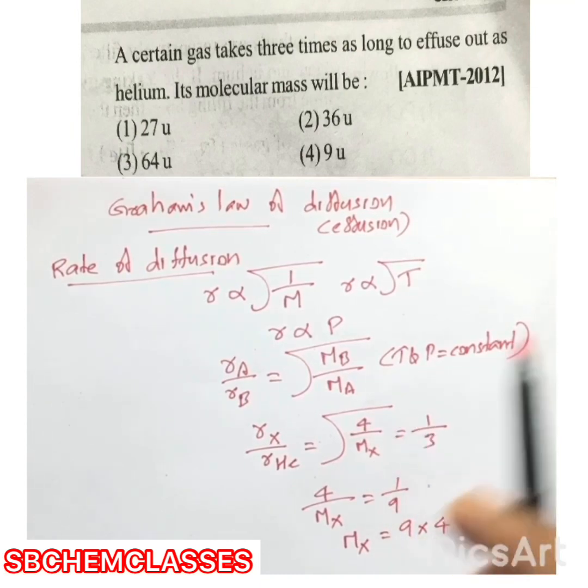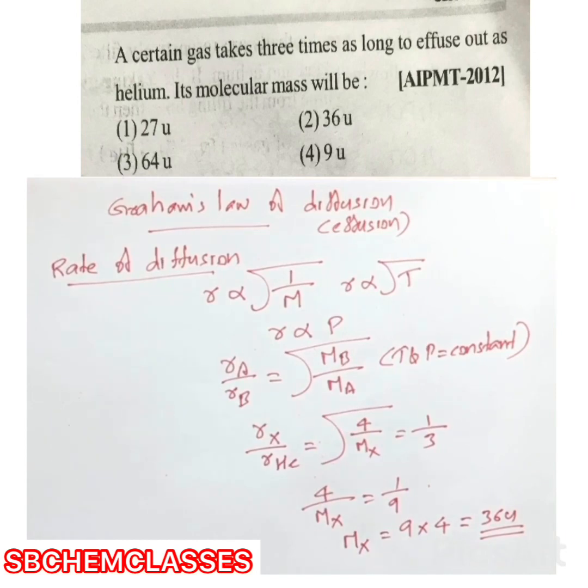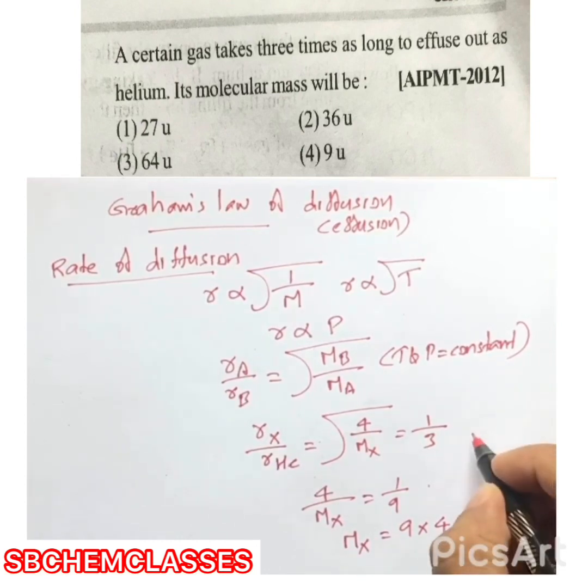In this question, the unknown gas takes 3 times the time to diffuse compared to helium, so its rate of diffusion is 1/3 that of helium. So Rx by R helium equals 1/3. For calculation, I am squaring the whole value so the root is removed: 4 by molar mass of X equals 1/9. Molar mass of X becomes 36. That is our option 2.